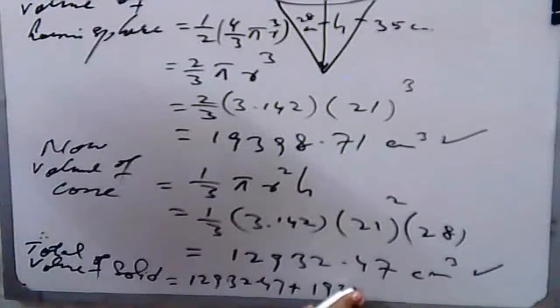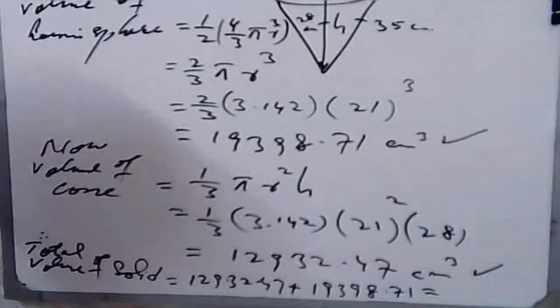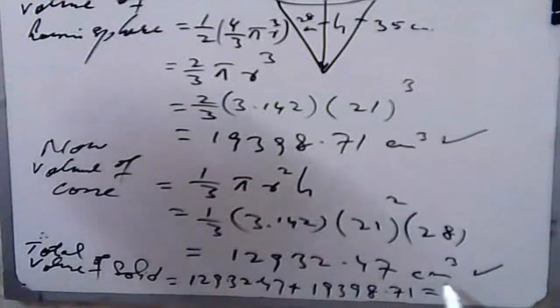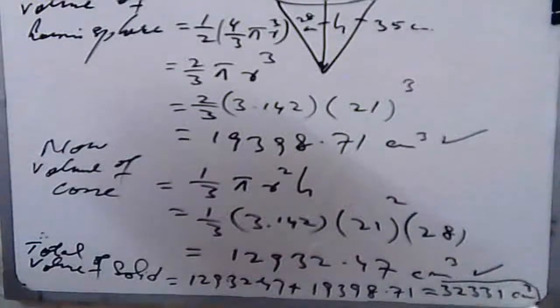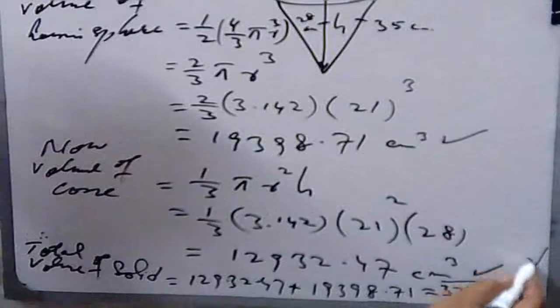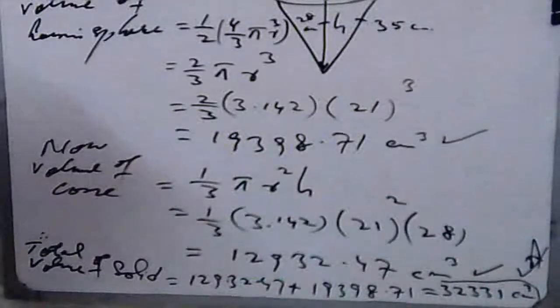So that is your required volume of given figure. So total volume of a solid. Now the surface area, we have to find also the surface area of the same figure. So the surface area you can see here.